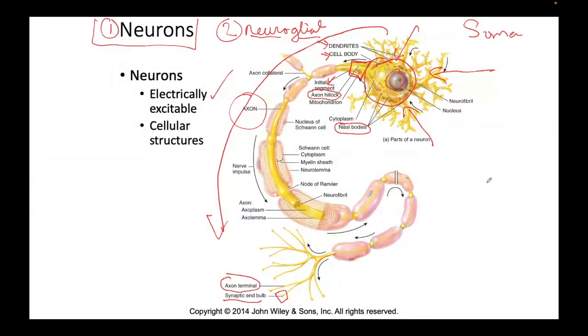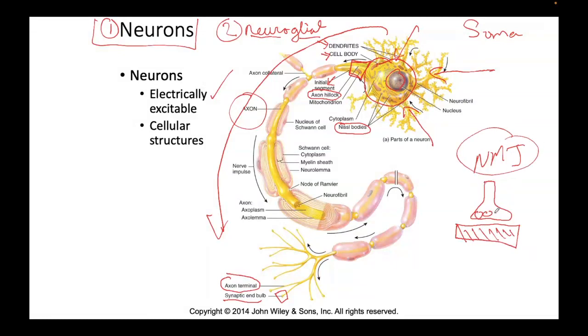And you may have covered this when you did myology. When you did the neuromuscular junction, you learned that the very end of the axon was this axon terminal that had the end bulb. And then over here, this would be like the muscle. And where the nerve and the muscle met was called the neuromuscular junction.